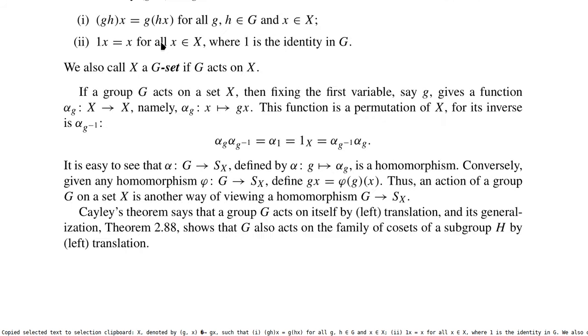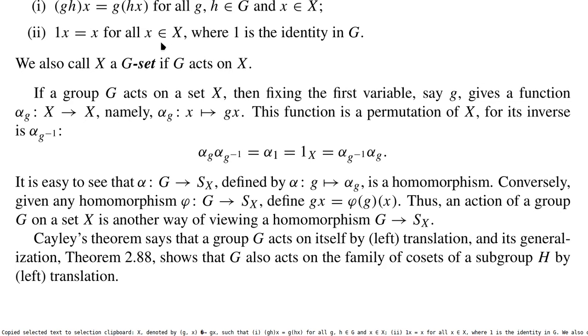Yeah, so this is kind of important too. So if your group acts on a set X, let's say you have this element G. So you have this function alpha G taking you from X to X. What it does, it takes an element X and maps it to G times X, right?